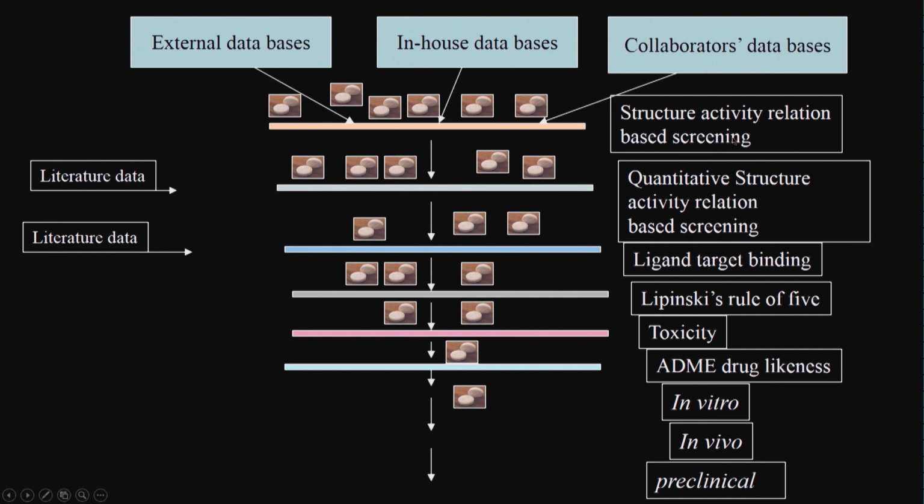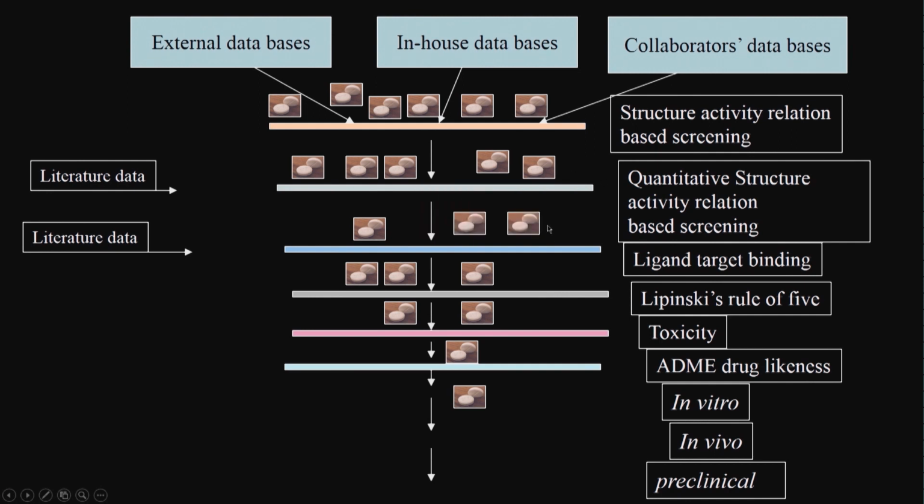Okay, what do I do? I may develop a structure activity relationship based screening. So I will look at what are the structural features that give you activity, and I will neglect compounds which do not have those structural features. Okay, I may take a smaller number of compounds.